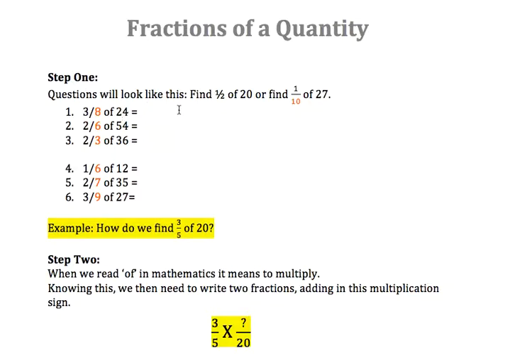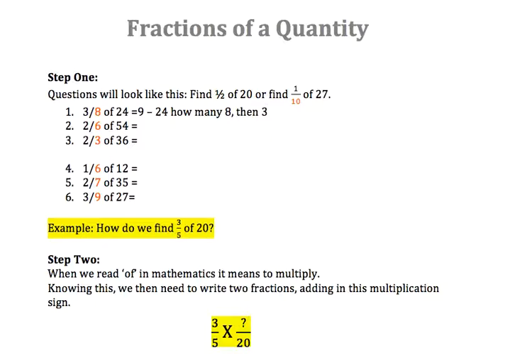So 3 times 3, my answer is 9. Just to really show you what I did, I went like this. 24, and then how many 8s?